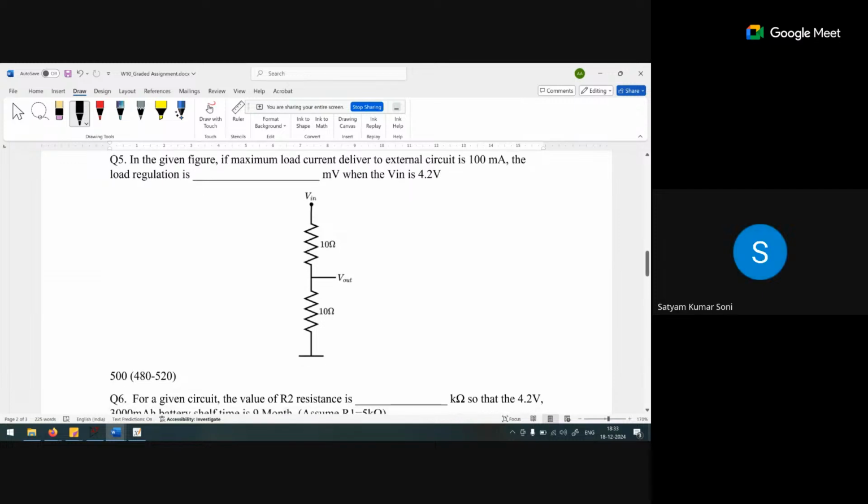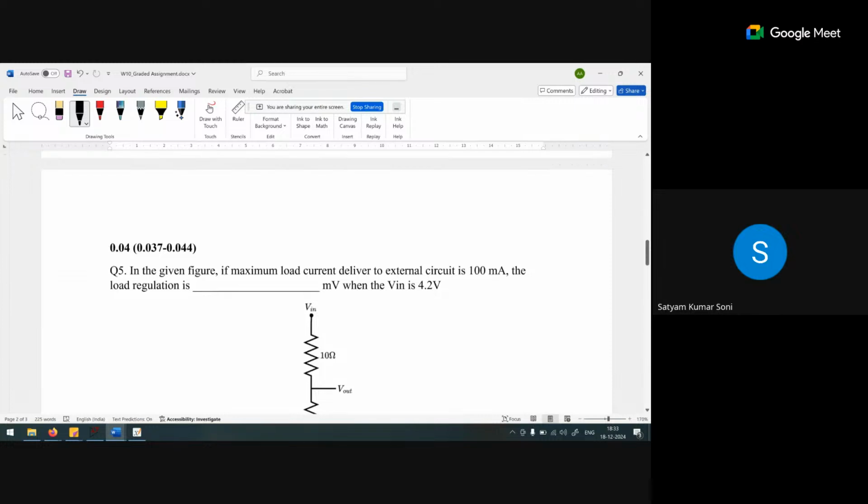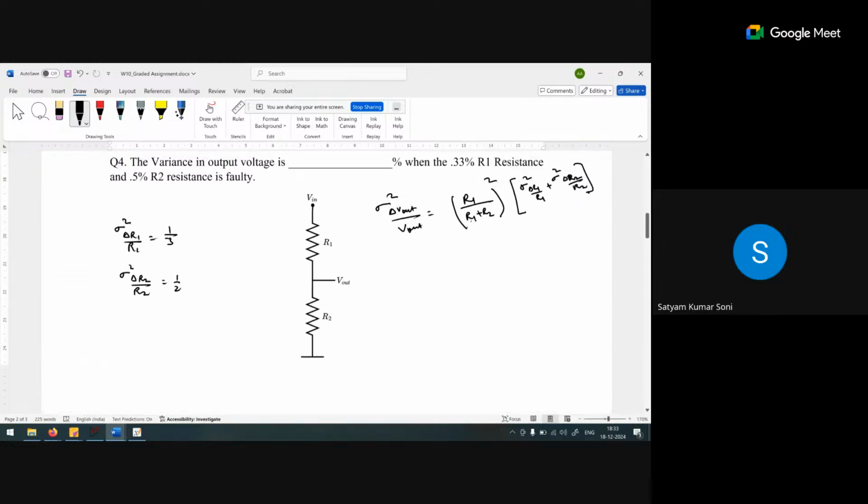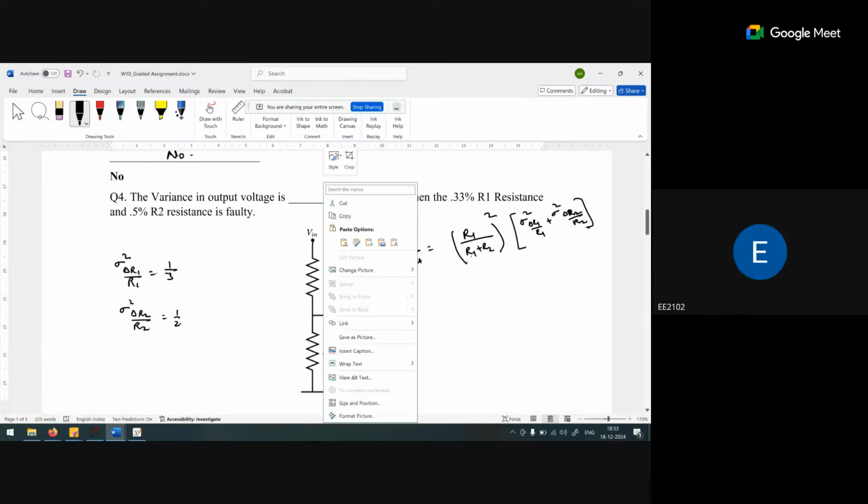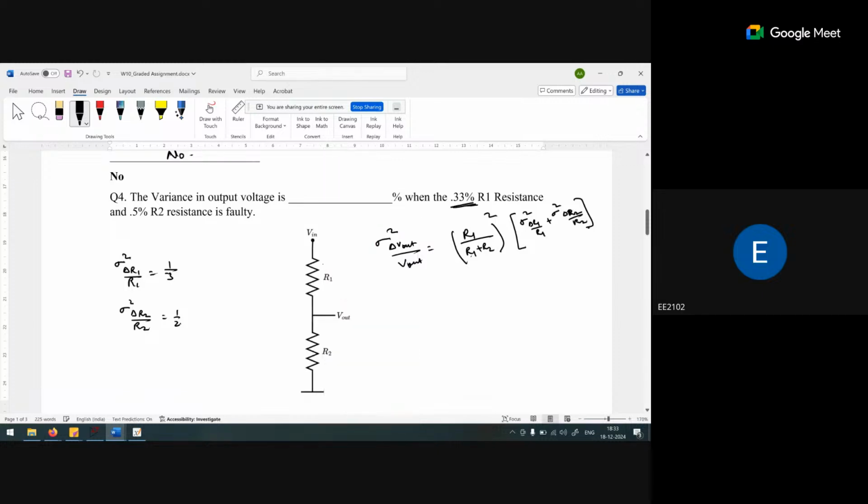Sir, how do you calculate the 1 by 3 and 1 by 2? That is the change, 0.33%, so 0.33 is 1 by 3%, and 0.5 is 1 by 2%.